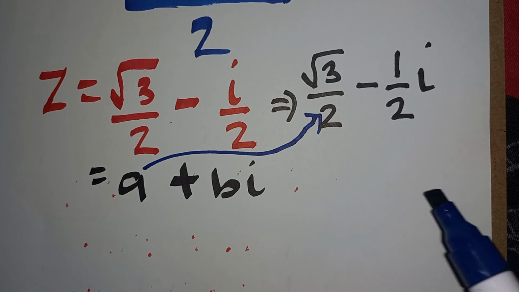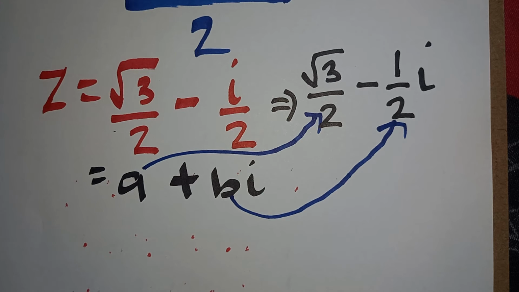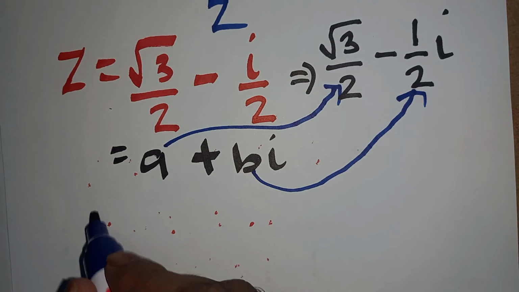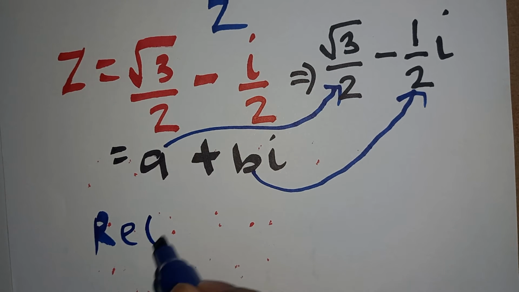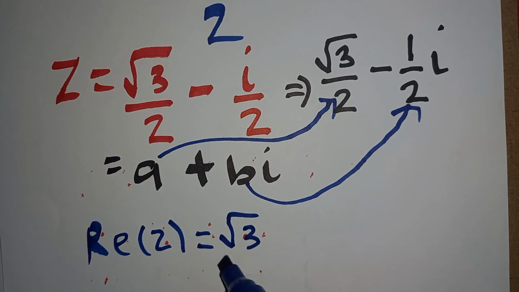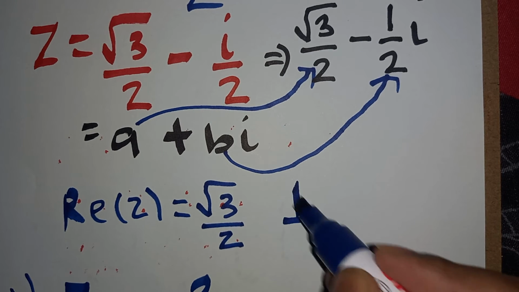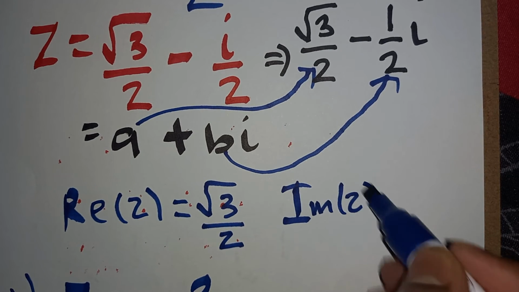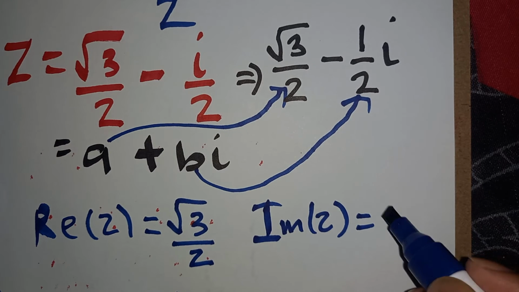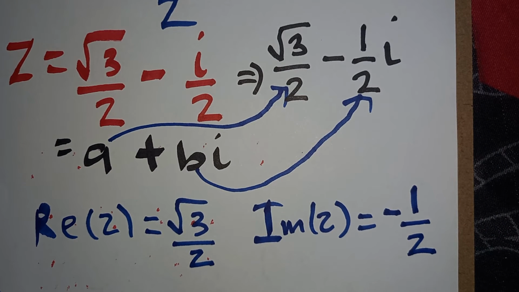So this will be the value of a, and this will be the value of b. Okay, so the real part of z will be root 3 over 2, and the imaginary part of z will be minus half. Okay, so that is how we write the two parts.